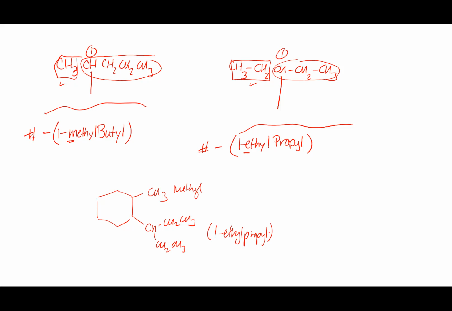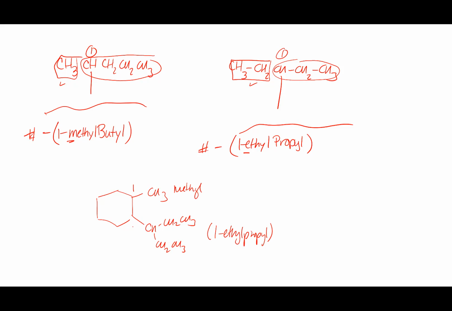So the question in naming this is, is it 1-methyl-2-(1-ethylpropyl), or is it 1-(1-ethylpropyl)-2-methyl? In cyclohexanes, you have to find the lowest sum of the substituent numbers first.